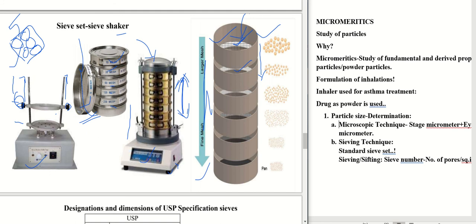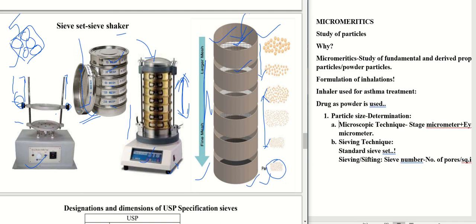Likewise, all the particles will get sorted by their particle sizes. When we go to the bottom of the sieve set, because of the very fine pore size, we will get the fine powder at the bottom.